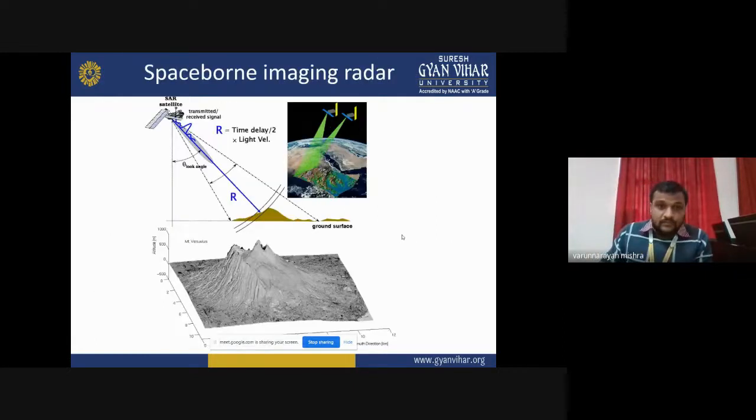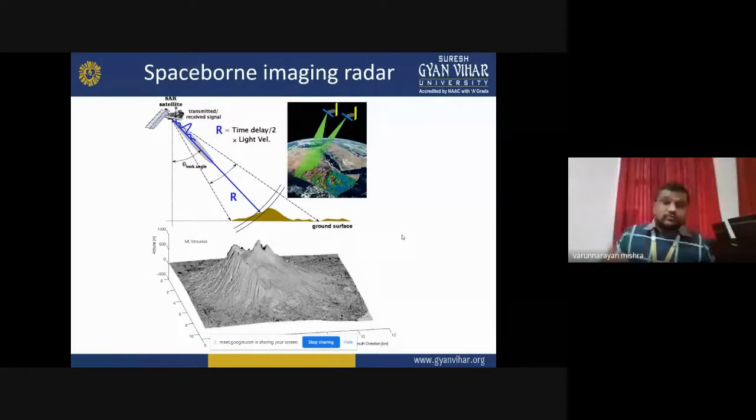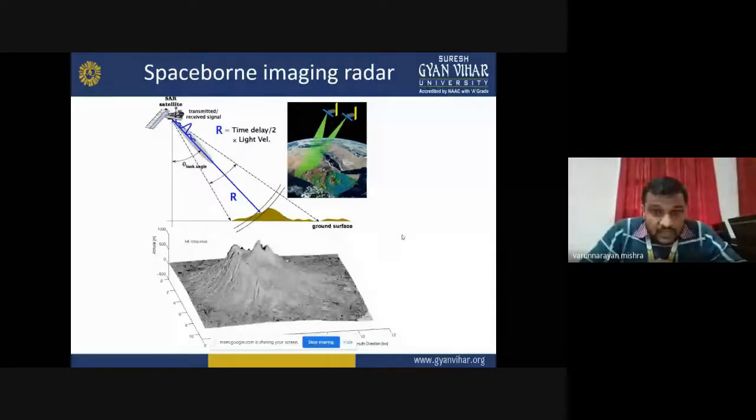Okay. Whatever active sensors we use for the remote sensing process are also known as space-borne imaging radars. Imaging radars are a kind of radar system used to acquire images of the ground surface, based on the transmitted pulse and the returned signal after interaction with Earth surface features.